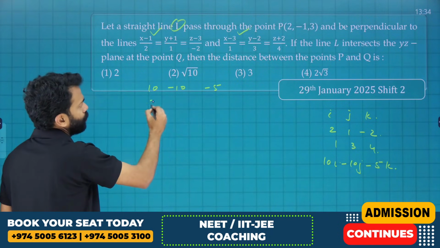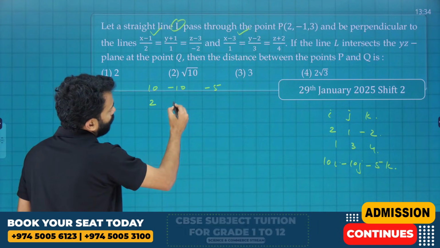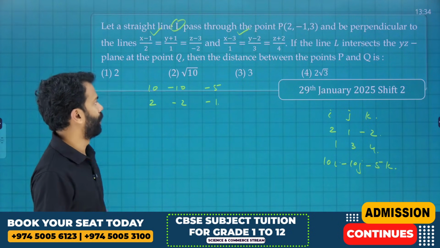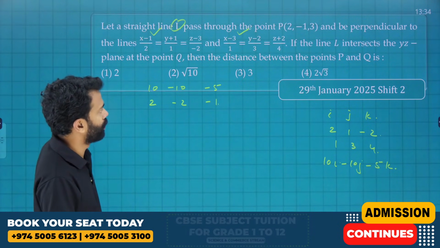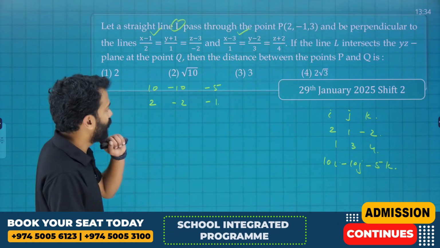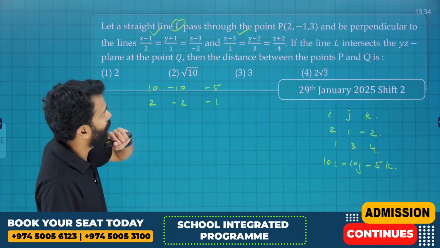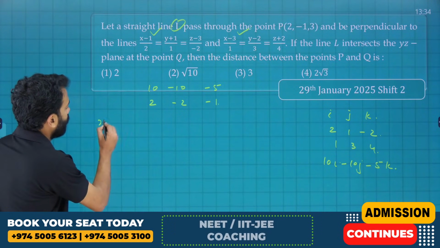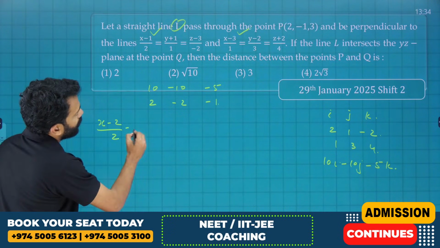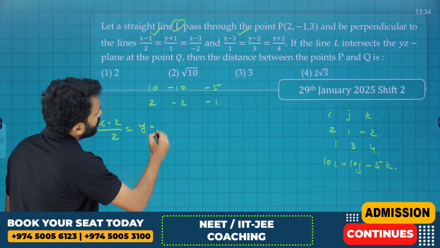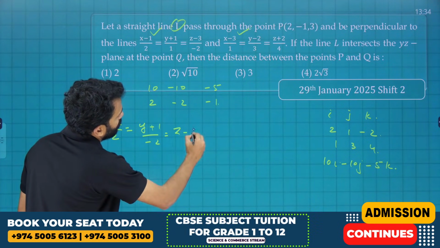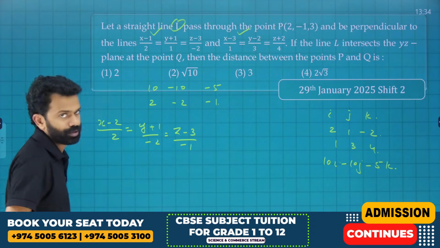We can cancel by 5 and get 2, minus 2, and minus 1. So that is the direction ratios of this line. Then we can formulate the equation of the line L as (x minus 2)/2 = (y plus 1)/minus 2 = (z minus 3)/minus 1.